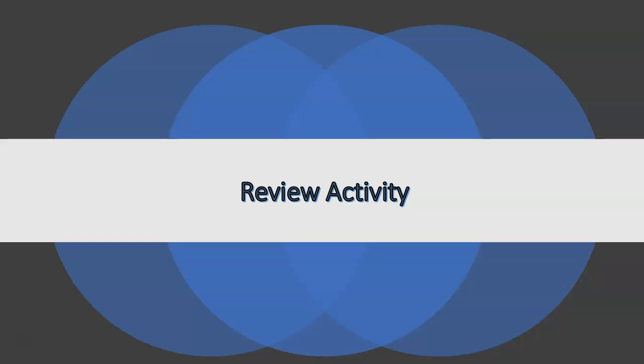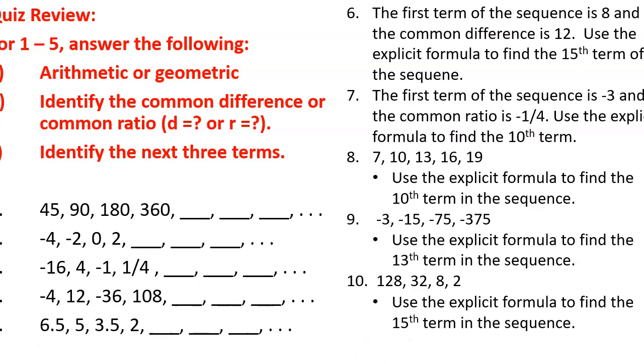So you have a review activity to do today. The numbers are cut off just a little bit, but basically for 1 through 5, you're going to answer 3 things. Is it arithmetic or geometric? What's the common difference or ratio? And then identify the next 3 terms.